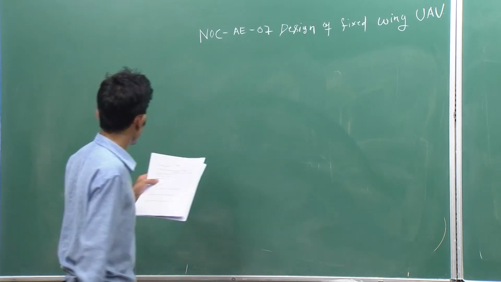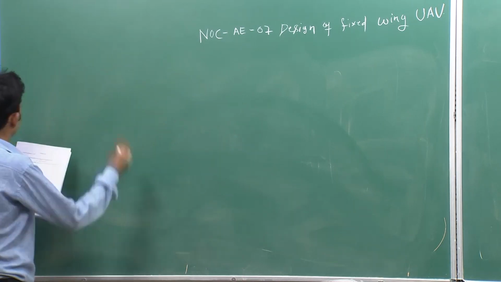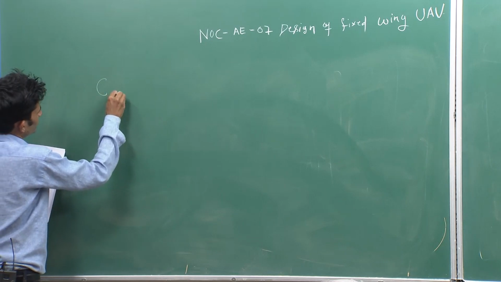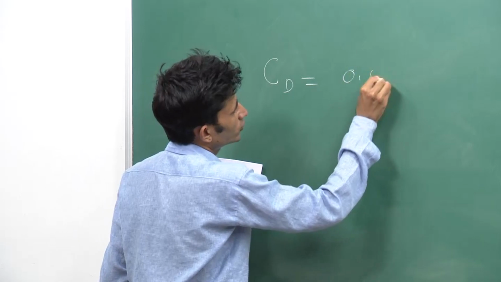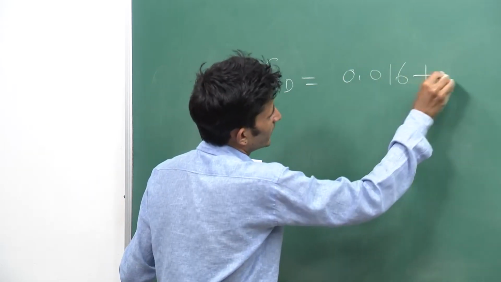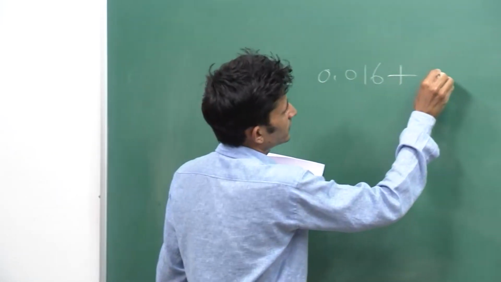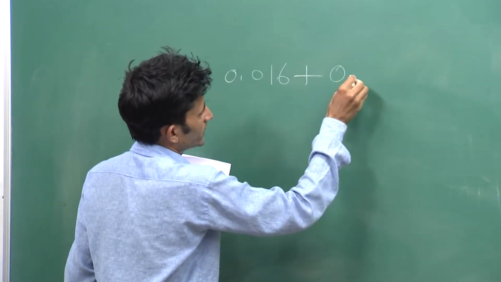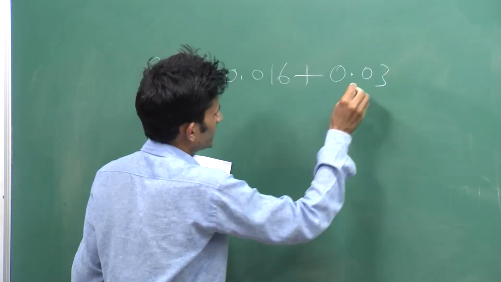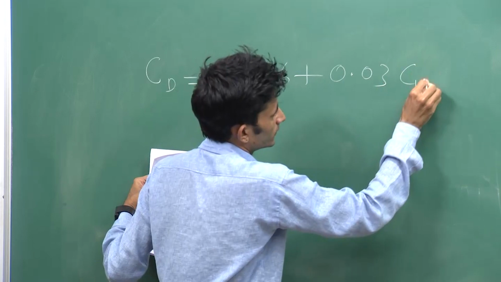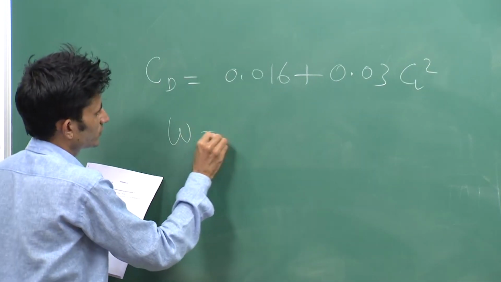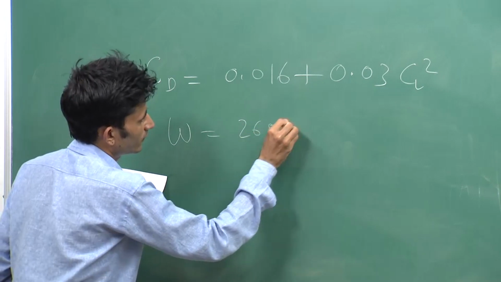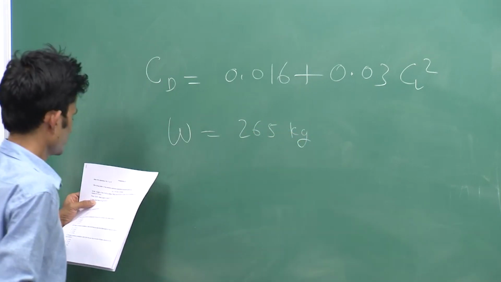So, in assignment 5, it is given that the drag polar CD equals CD naught, which is 0.016, plus K CL square, where K is 0.03. The weight of the UAV is also given, 265 kg.